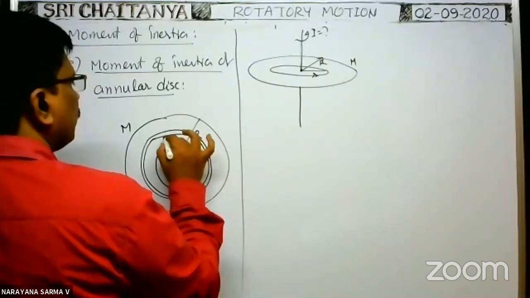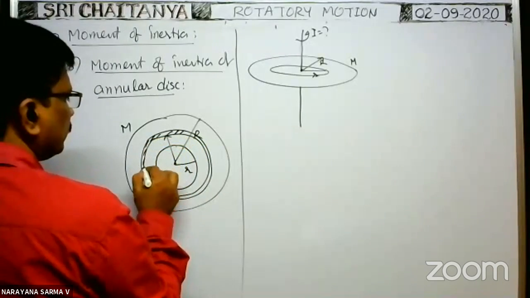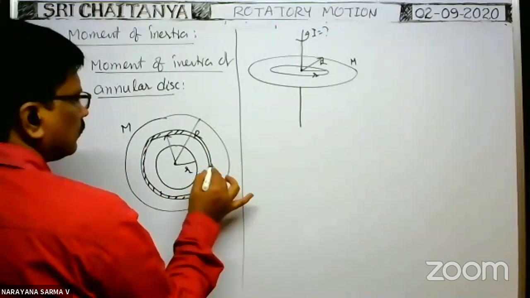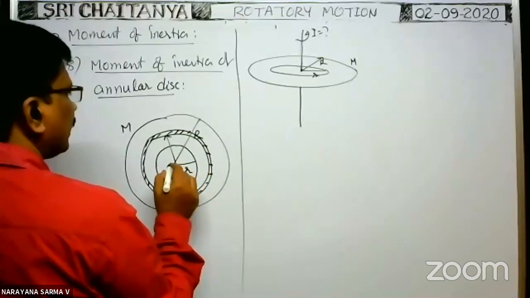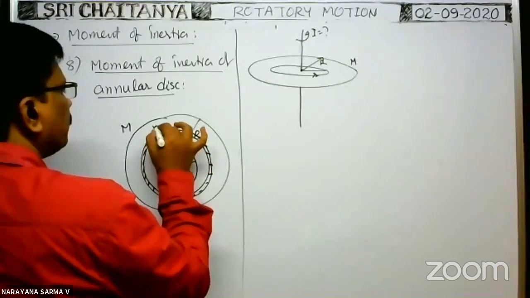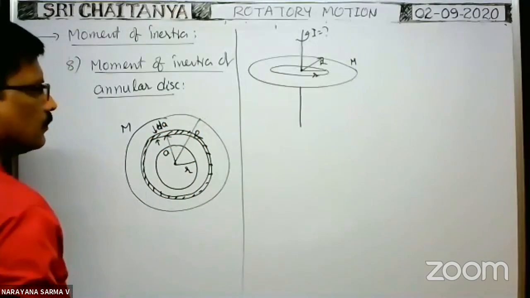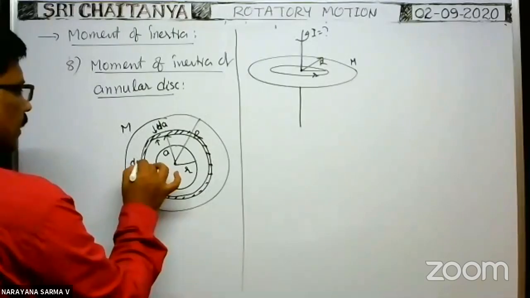Suppose this is the circular element considered, whose radius is small a and width is dA. The mass of the circular element considered is say dm.